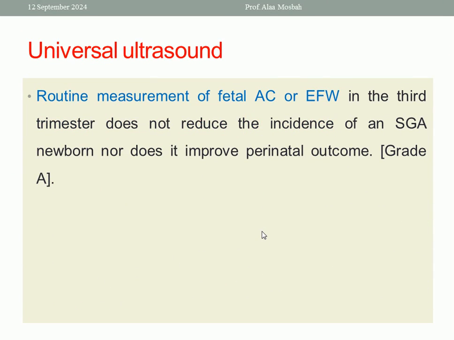Routine measurement of fetal abdominal circumference or expected fetal weight by ultrasound in the third trimester doesn't reduce the incidence of a small for gestational age newborn, nor does it improve perinatal outcome. So it is not routinely done, abdominal circumference and expected fetal weight.